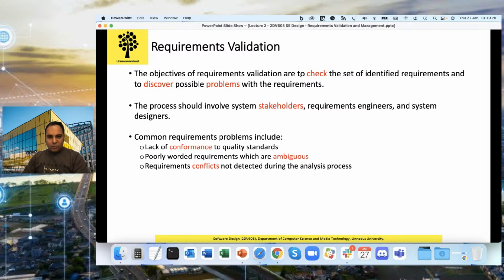What are the common problems during this phase of requirements validation? One of the key problems is conformance to the quality standards. This standard can be the document standard itself: does the requirements document or the draft that we are writing conform to the quality guideline or the standards that are proposed? I introduced one of the standards in the previous lecture.